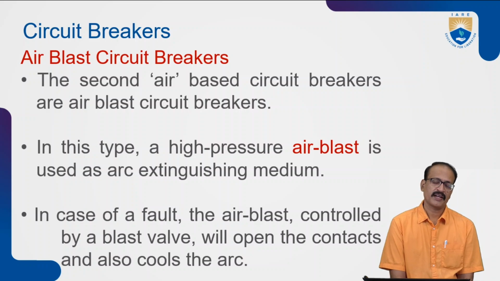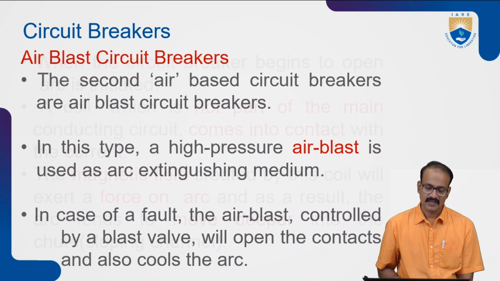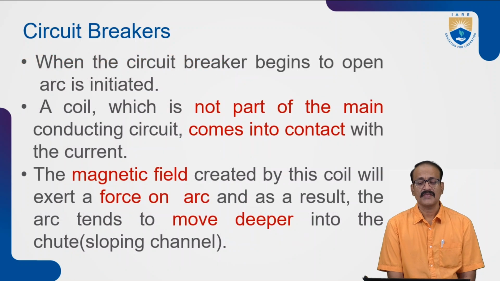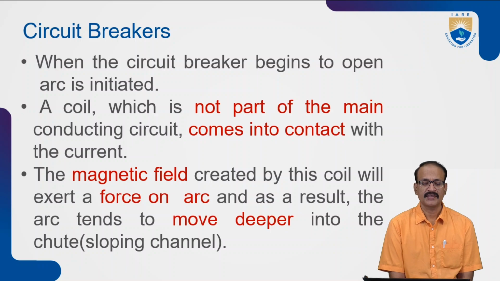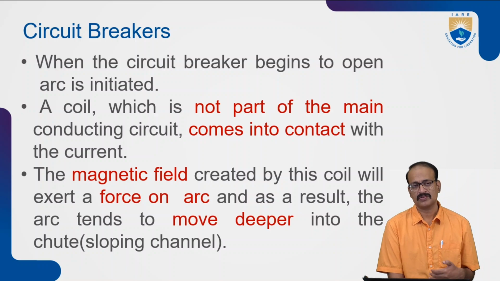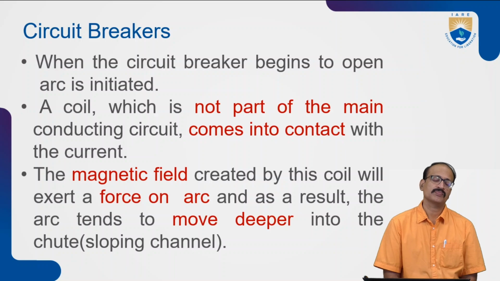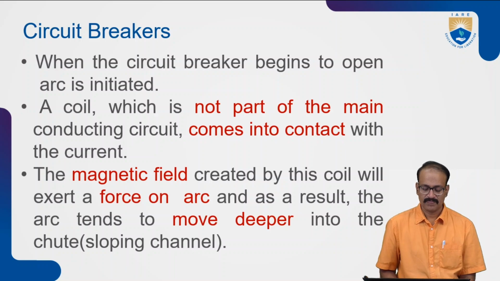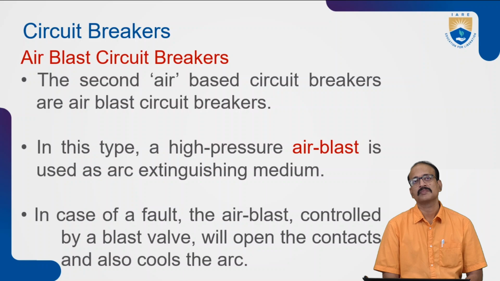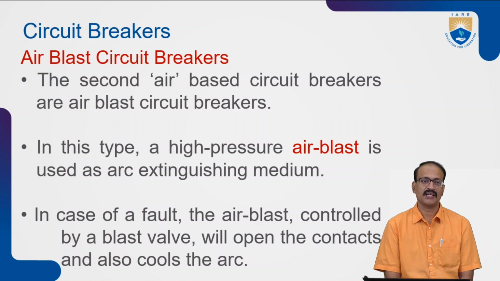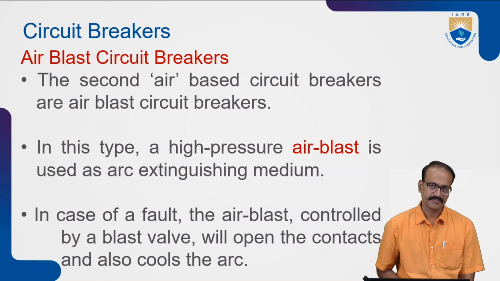A coil which is not actually part of the circuit comes into contact with the current, and this forces the arc to go deeper into the chute. So that is about the first air circuit breaker, the air magnetic circuit breaker. Next is the air blast circuit breaker. This is the second type of air circuit breaker.